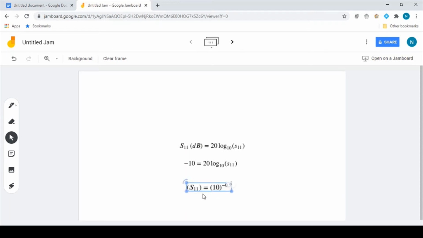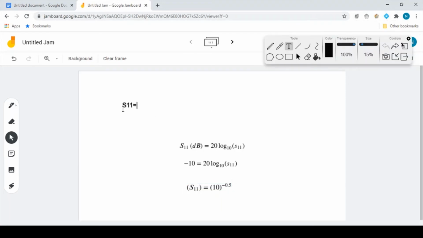So from this equation, if you find S11, the S11 will become 0.316, right? And now what is S11? S11 is the ratio of the reflected voltage to the incident voltage.